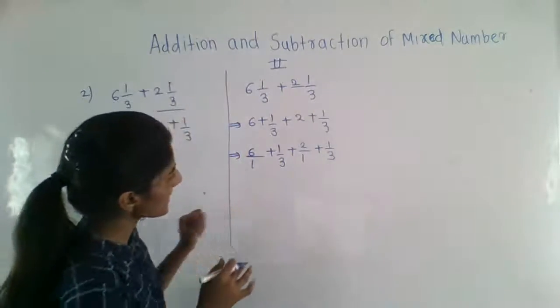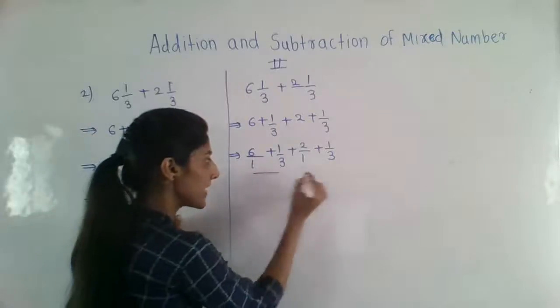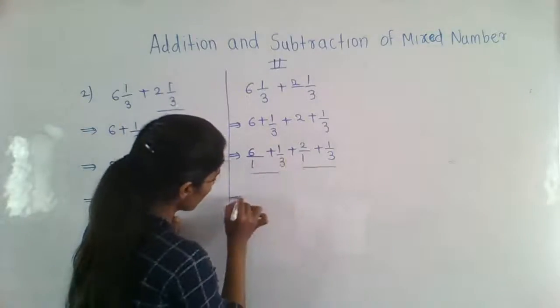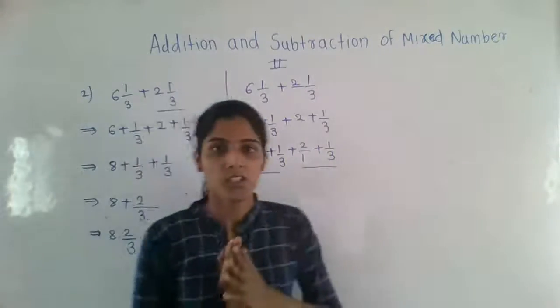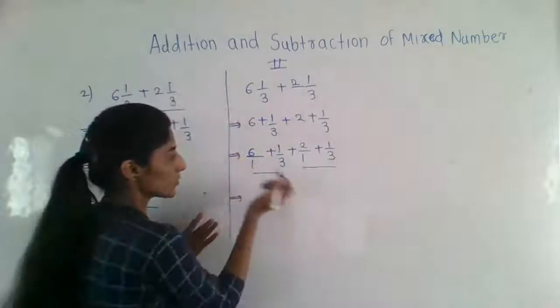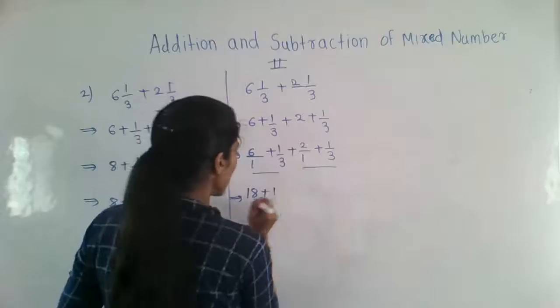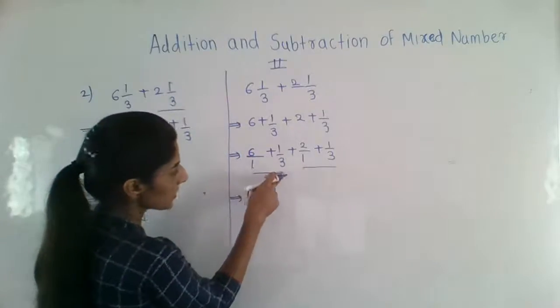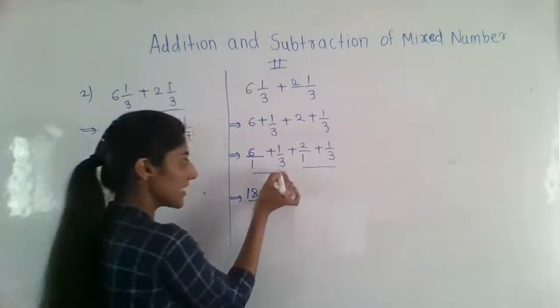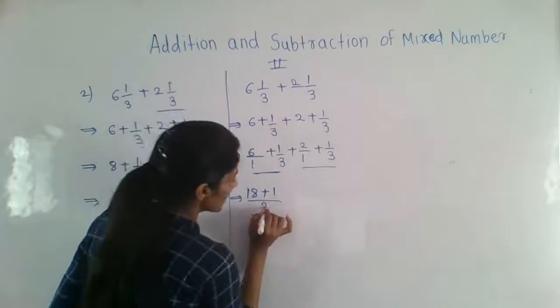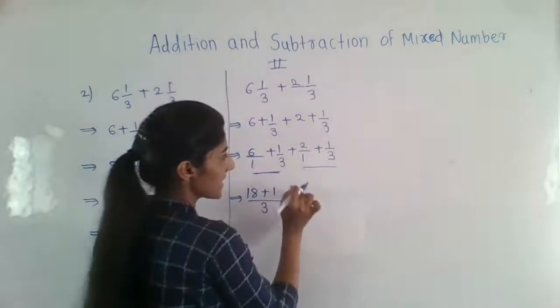Okay, now you can see here we have to add these numbers. What we can do? Cross multiplication. That is 6 into 3, 18, plus 1 ones are 1, and 3 into 1, 3. Plus sign, add it.